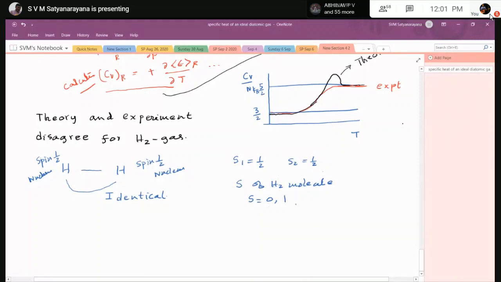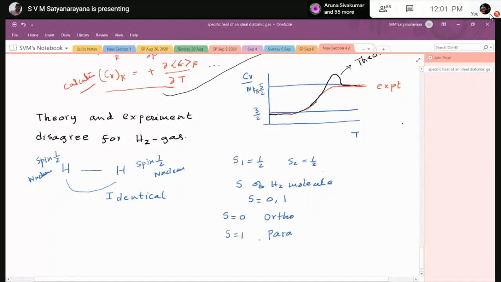So when S is equal to 0, this is called, I do not know, I always get confused. I think this is called ortho state, and when S is equal to 1, it's called para.